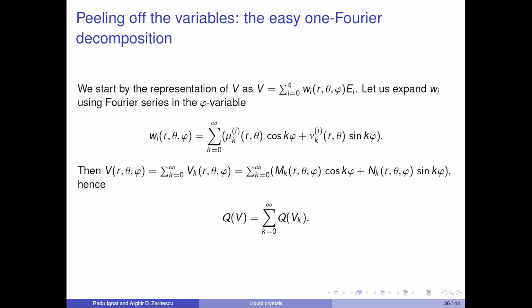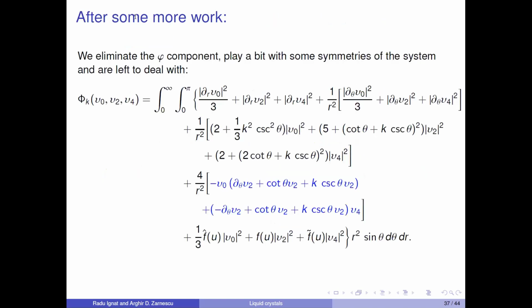Now you cannot really get rid of these terms, so you have to do something about that. You have the phi, which is periodic, so there are tools for dealing with this: just decompose it into the Fourier modes and then see what happens.